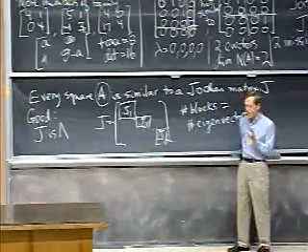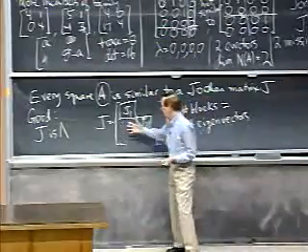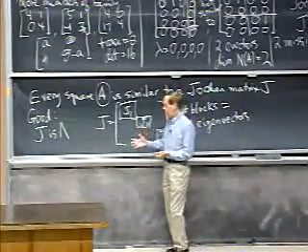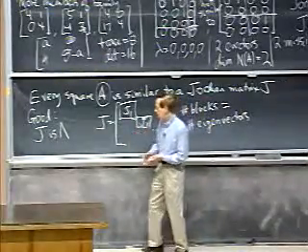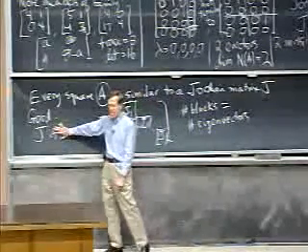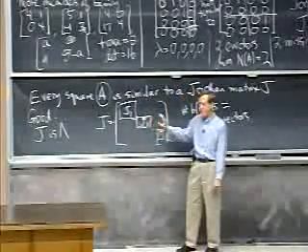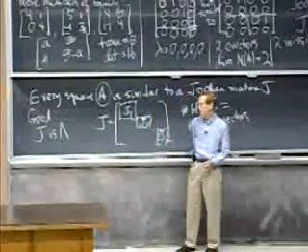Okay, that's a description of Jordan. I haven't told you how to compute this thing, and it isn't easy. The good case is what 18.06 is about. This case is what 18.06 was about 20 years ago.